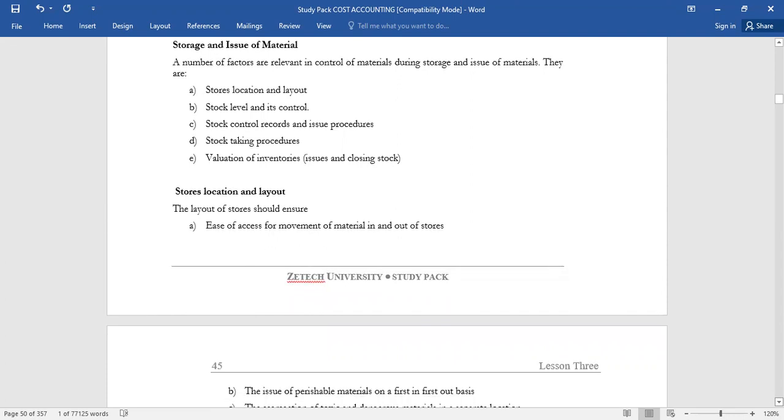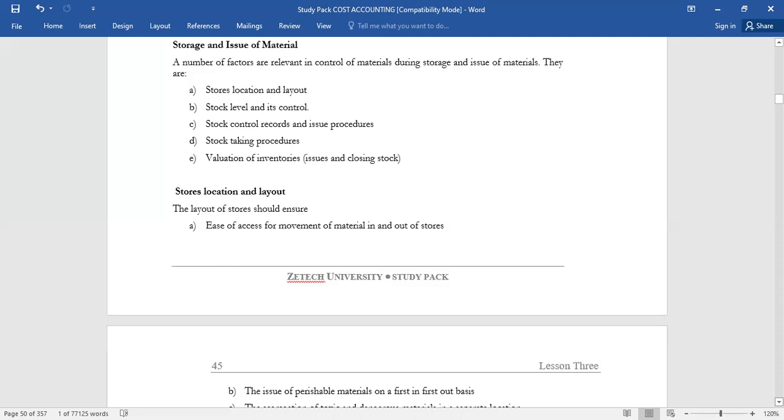For example, if you are applying the first in, first out method, we know that the materials that were received earlier will be the first ones to leave the store. You should have arranged your store in a manner that it's easy to access the materials that were received earlier. And we normally apply the FIFO for the materials that are highly perishable.